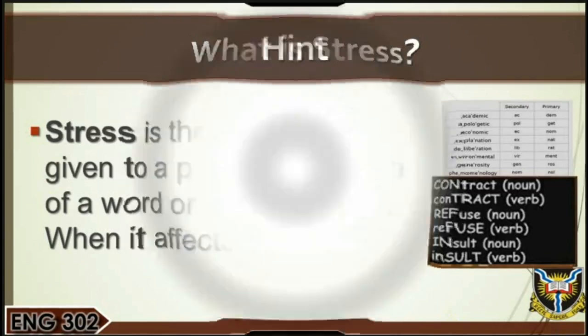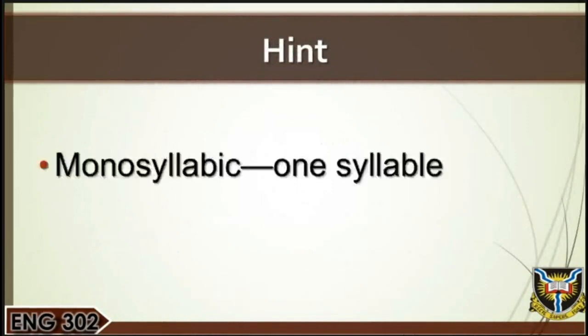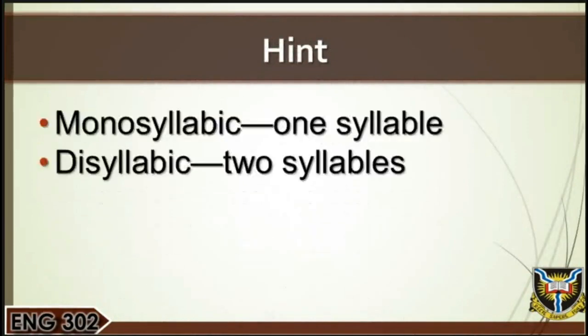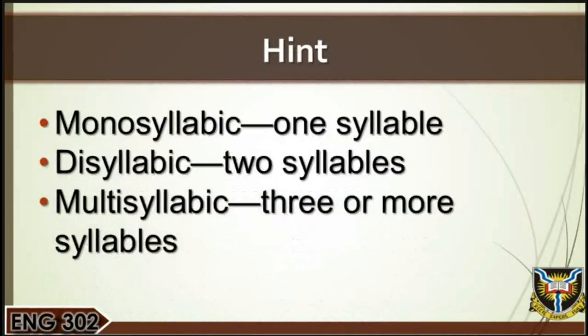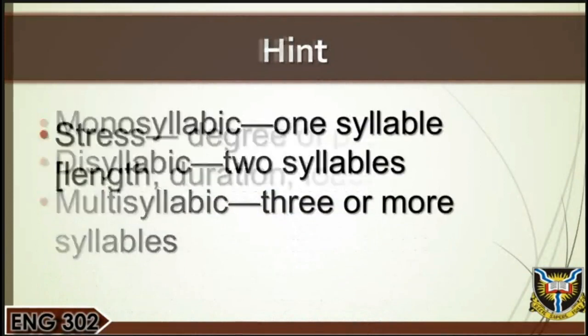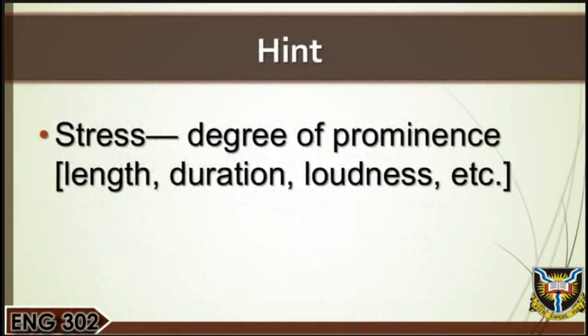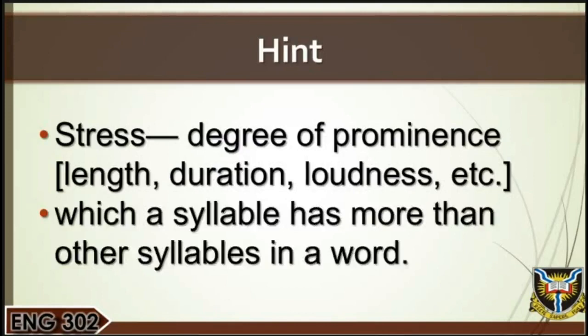Monosyllabic word, one syllable. Disyllabic, two syllables. Multisyllabic, three or more syllables. Stress: the degree of prominence (length, duration, loudness, etc.) which a syllable has more than other syllables in a word.